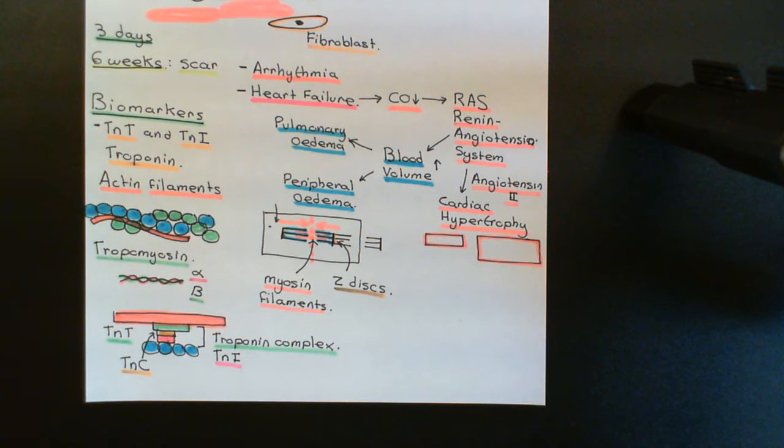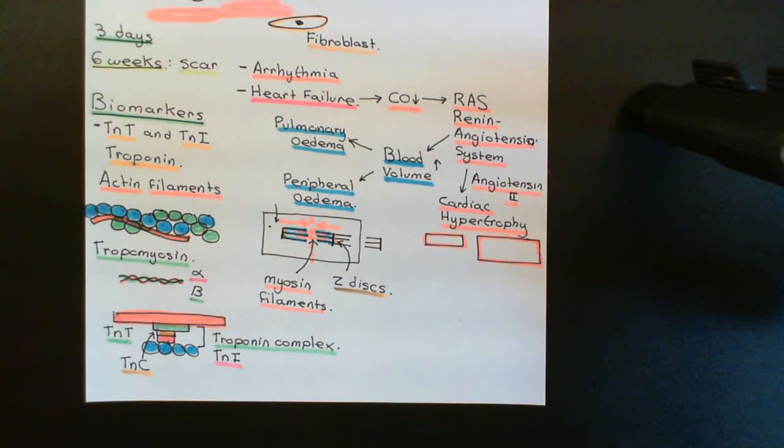So in cardiac muscle cells, there is a specific type of troponin T, a specific type of troponin C, and a specific type of troponin I used in those cardiac muscle cells that is different from the specific type used in skeletal muscle cells. Even though the proteins perform the identical role, their actual amino acid primary structure is going to be different because they're coded for by different genes.